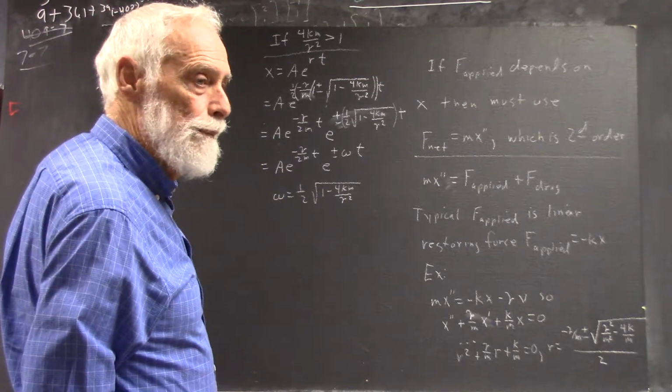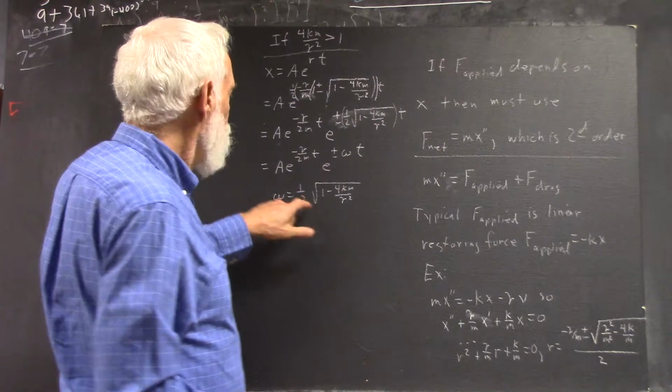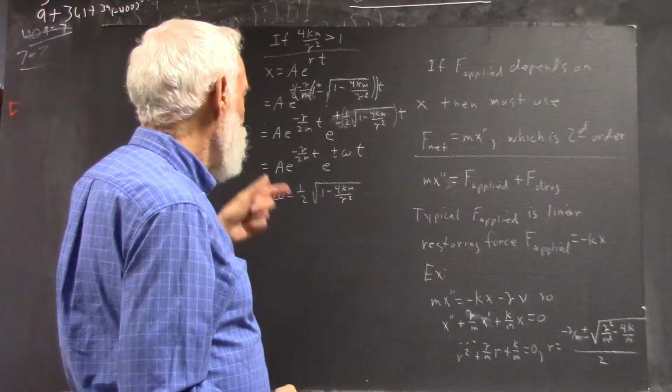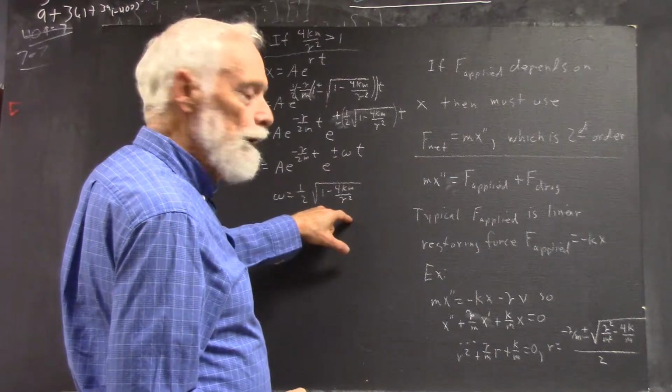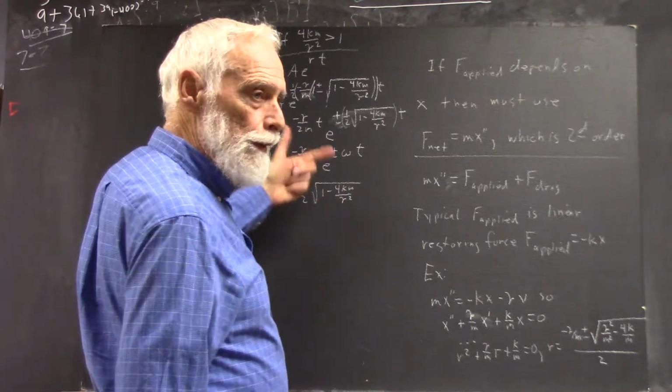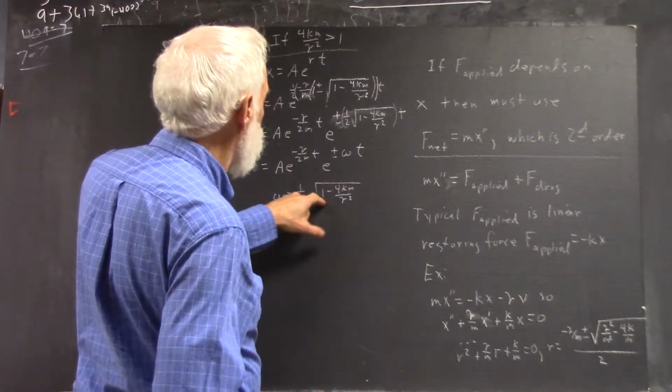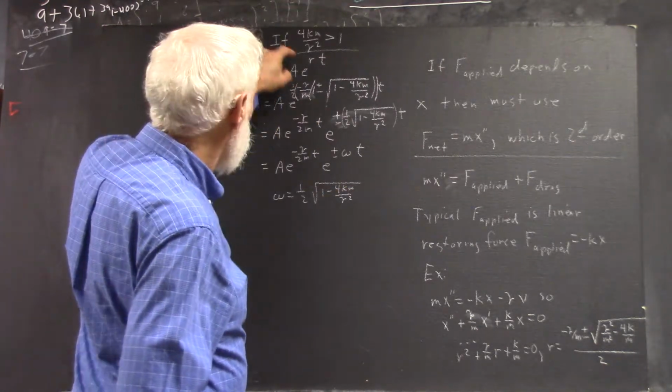Okay? And, you know, this could be rearranged. You go through the 1/2 and stuff like that. You're going to get a 1/4 here. You're going to get a 4km over gamma squared here. But your test, of course, is whether this is greater than 1 or not. Okay?